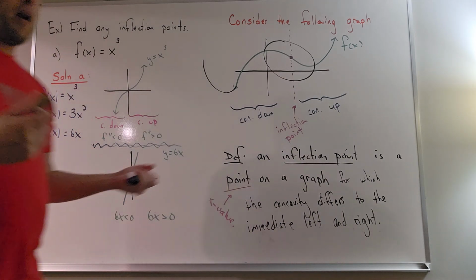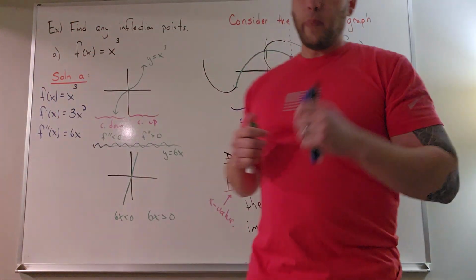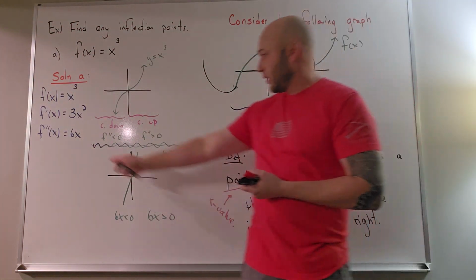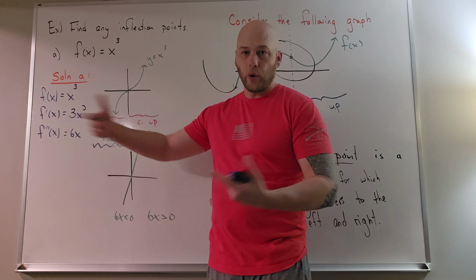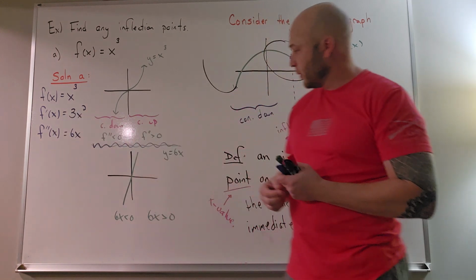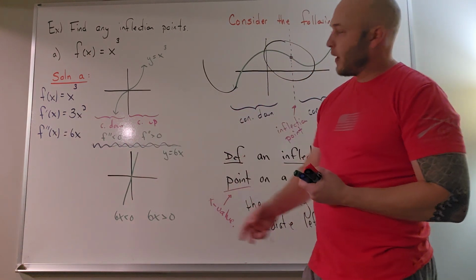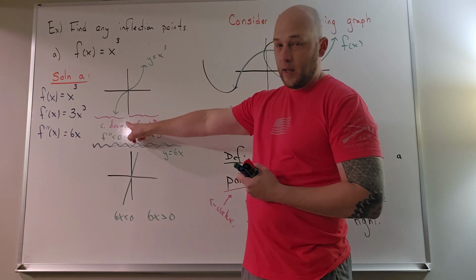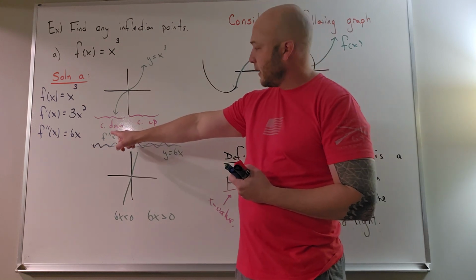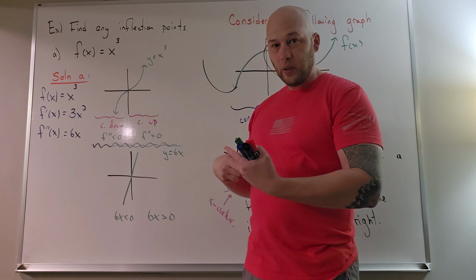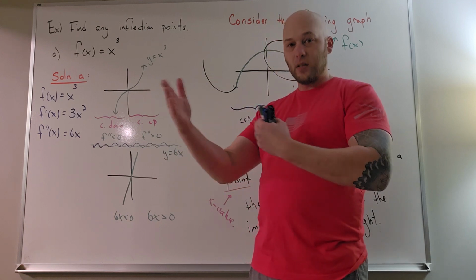Now, we didn't need to graph y equals 6x to figure out where it's positive and negative. We could just set this up as an inequality, which is what we're going to do in subsequent examples. But here's the summary. If I want to find an inflection point, I have to determine where it is concave down, where it is concave up, and whether there are points where it's different on either side.